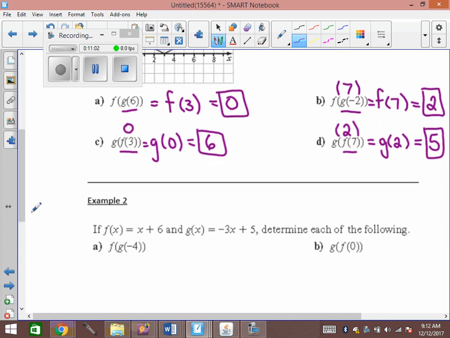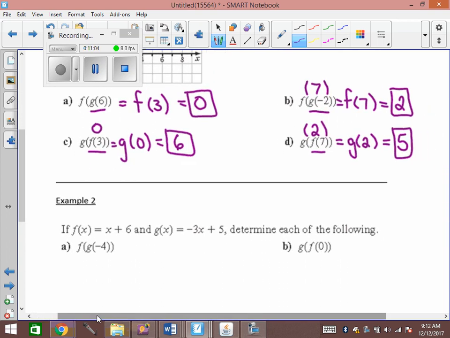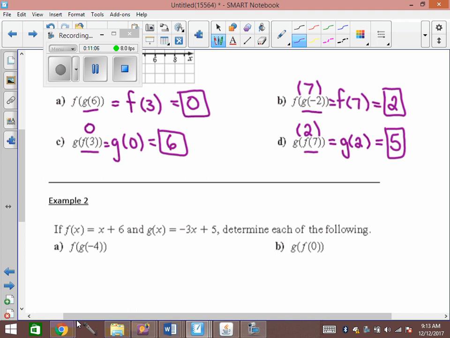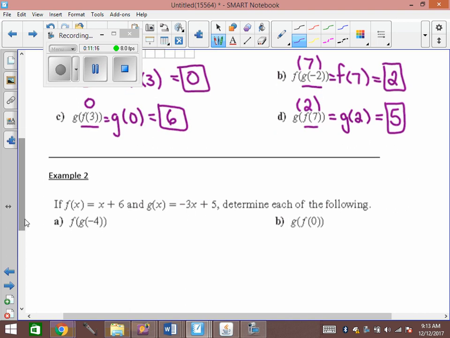So what's the difference between example 1 and example 2? Now you have to actually figure out the point. Here you could just go look at it, but still not hard. So off to the side, I'm going to do G of negative 4. G of negative 4 is negative 3 times negative 4 plus 5. So it's 12 plus 5, which is 17.